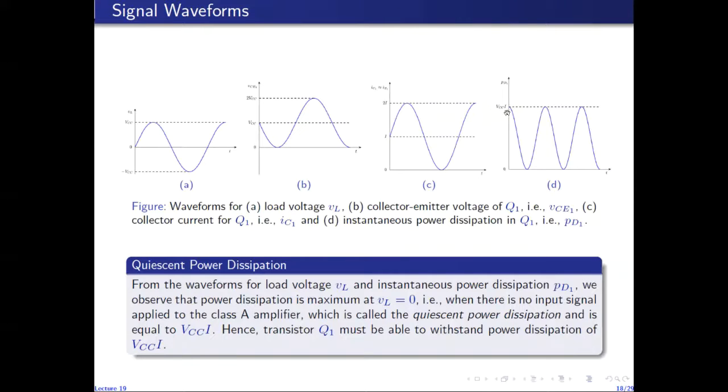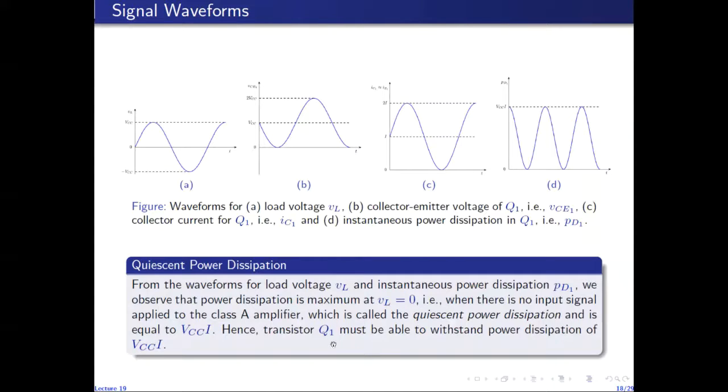Hence Q1 must be able to withstand this power dissipation of VCC times I, because this quiescent condition, when there is no input signal applied at the base of Q1, can persist for long time intervals.